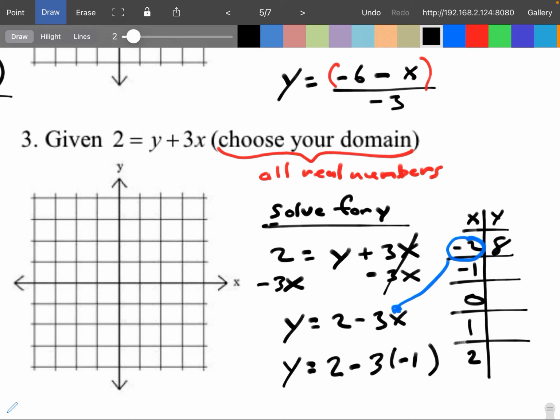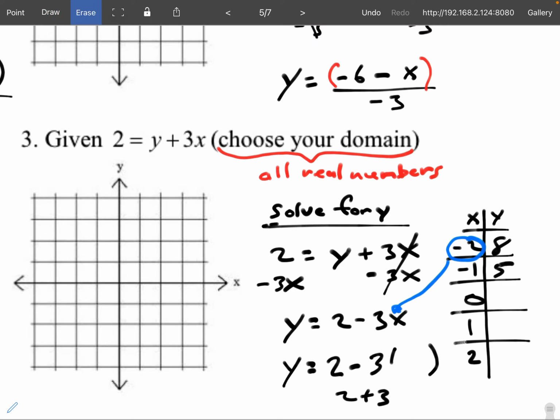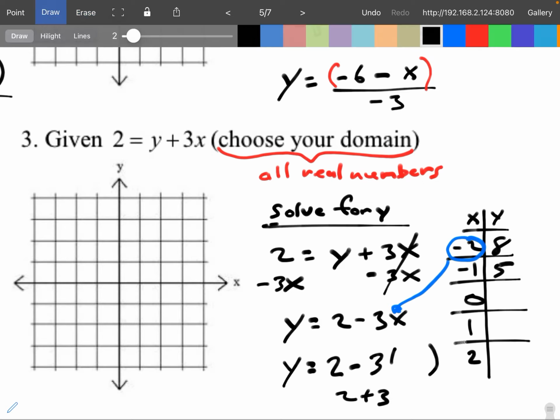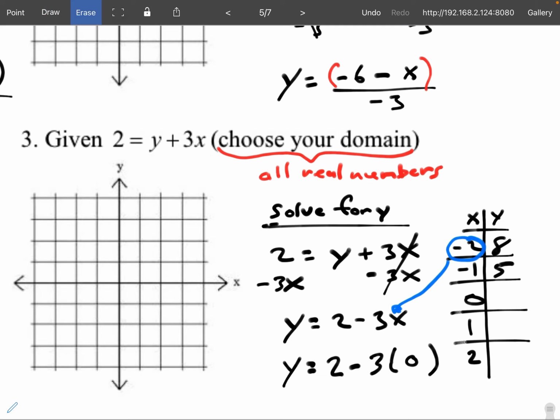Then I'm going to plug in -1. So I'm putting -1 in those parentheses. What is -3 times -1 right here? That's a positive 3. So since it's a positive 3, I'm going to write 2 plus 3, which is what? 5. That's 5.